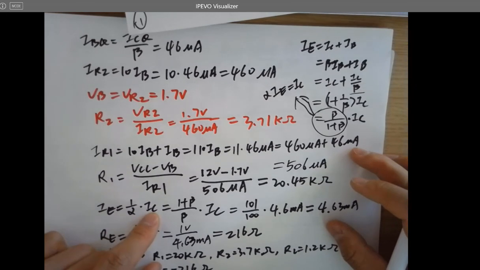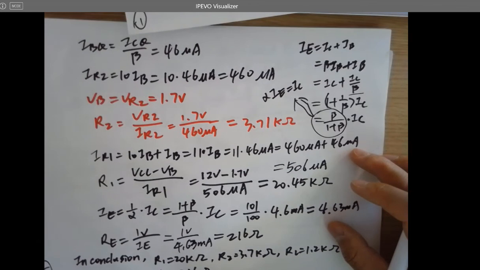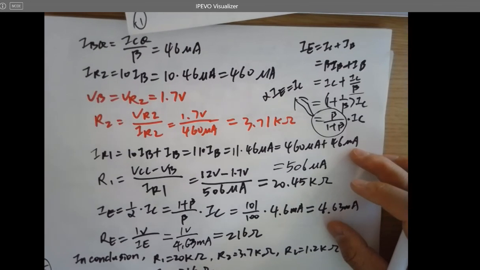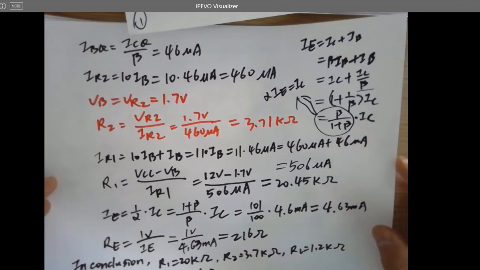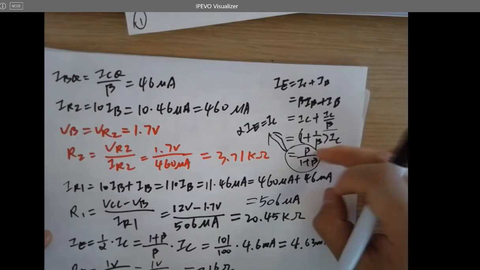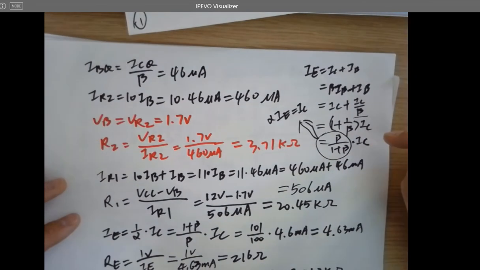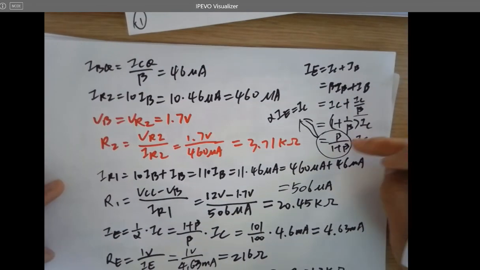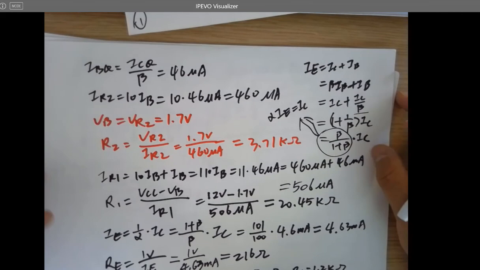And you can use beta to connect IC with IB. Just derive it by yourself. Do this so you can remember all of the coefficients for all the currents.